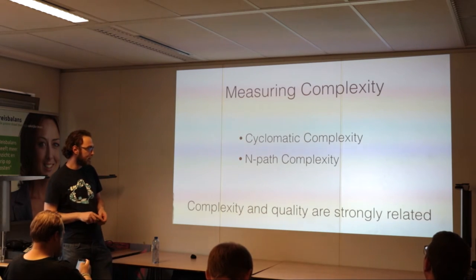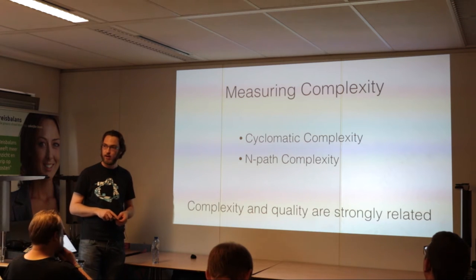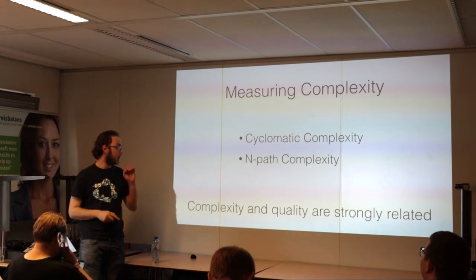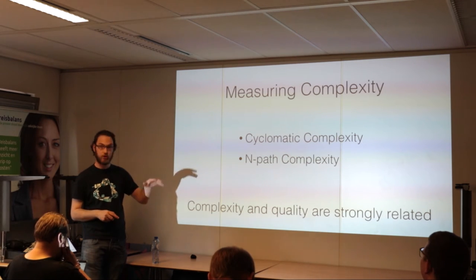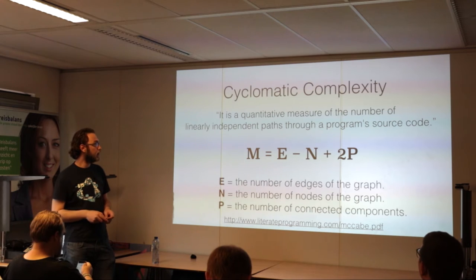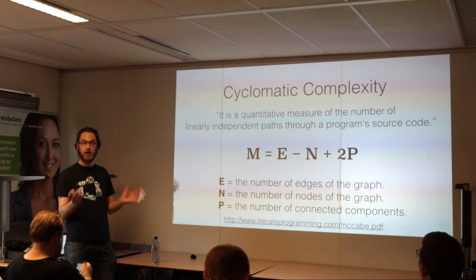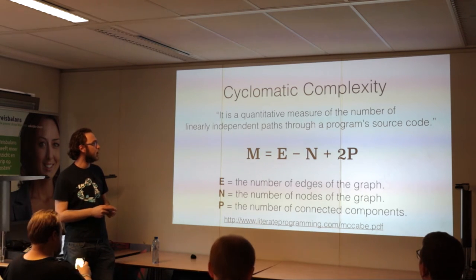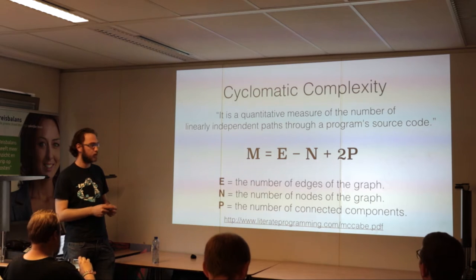So, measuring complexity. There are two things that I'd like to explain about that, and complexity and quality are strongly related. You have the concept of cyclomatic complexity. It's a quantitative measure of the number of linearly independent paths through a program's source code.